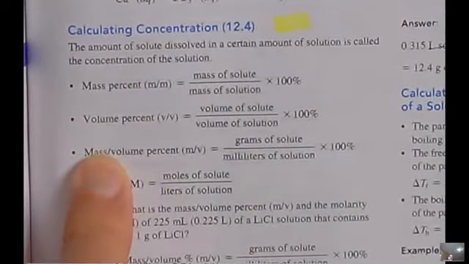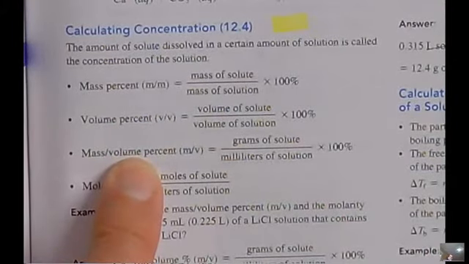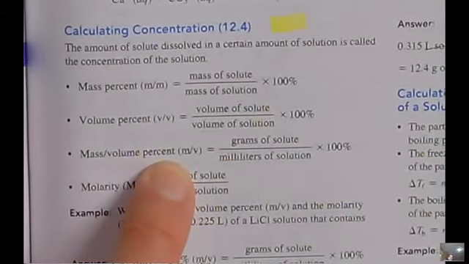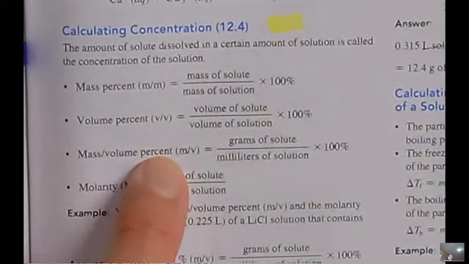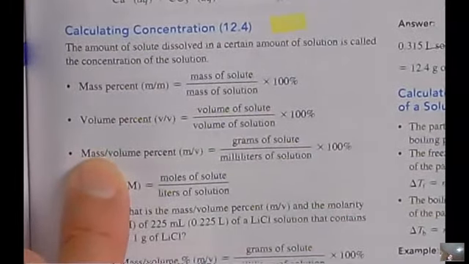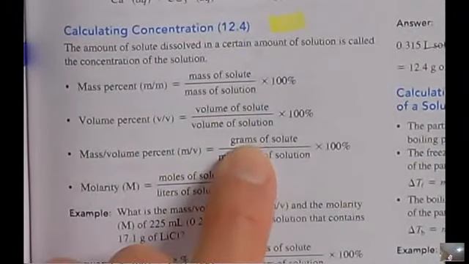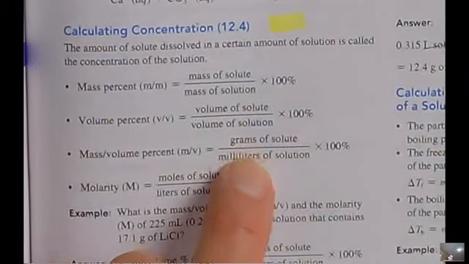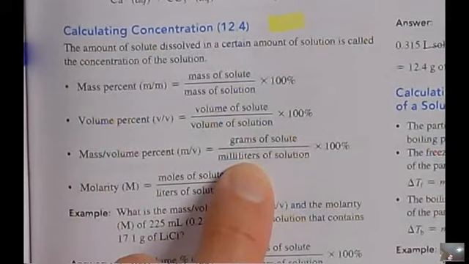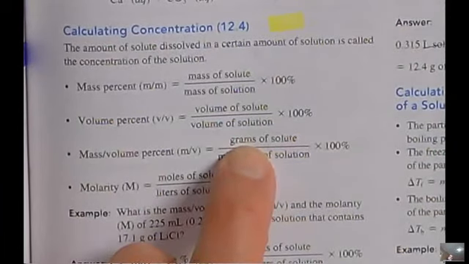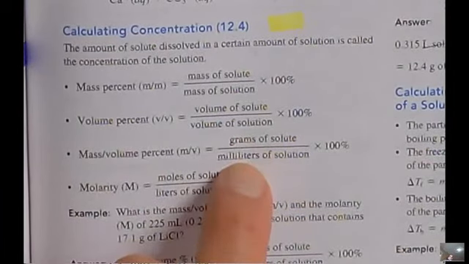You take the mass of the stuff that you're interested in and you divide it by the volume of the solution. So for instance, this would be a 5% M over V mass percent of sugary water would be 5 grams per liter of water, right?